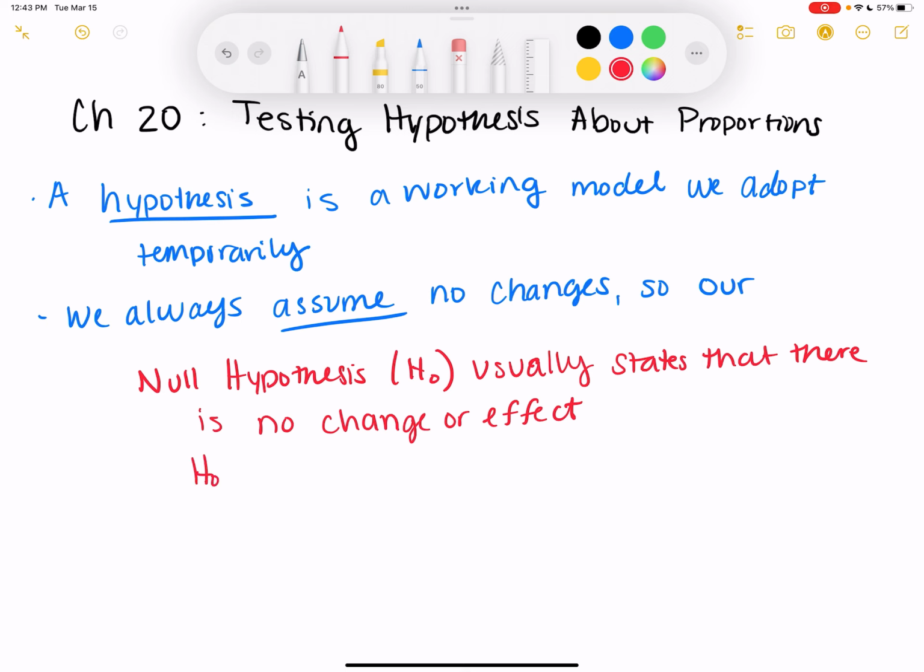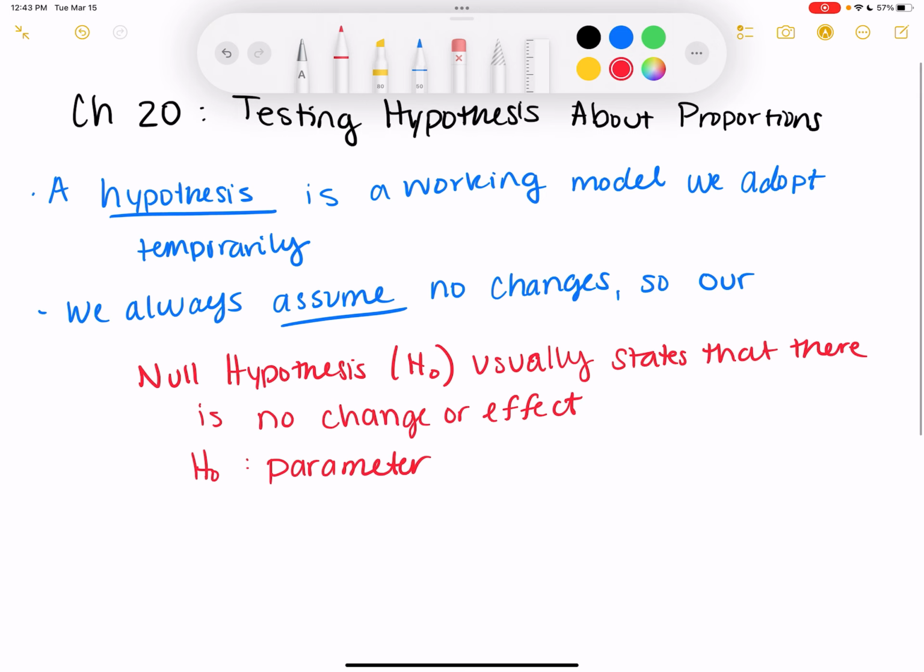H sub 0 is a parameter which is equal to the hypothesized value. For example, H sub 0 is p is equal to 0.20.